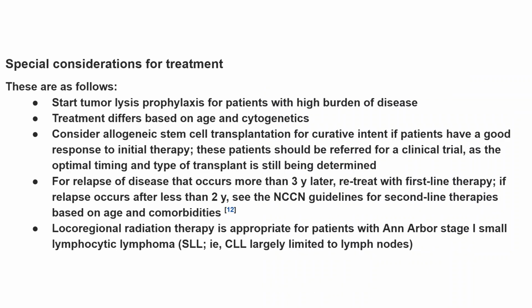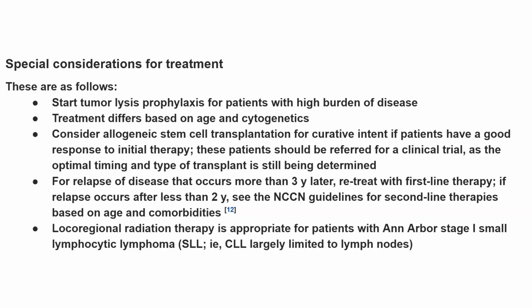But what happens is that most of the time, an early treatment is started, which is not necessary. The other indications for starting treatment are patients who have tumor lysis and high-burden disease, and treatment differs based on age and cytogenetics. Consider allogeneic stem cell transplantation with curative intent if patients have a good response to initial therapy.